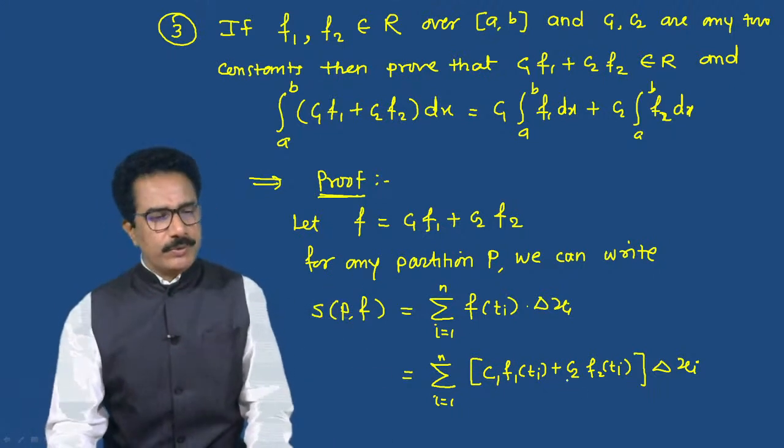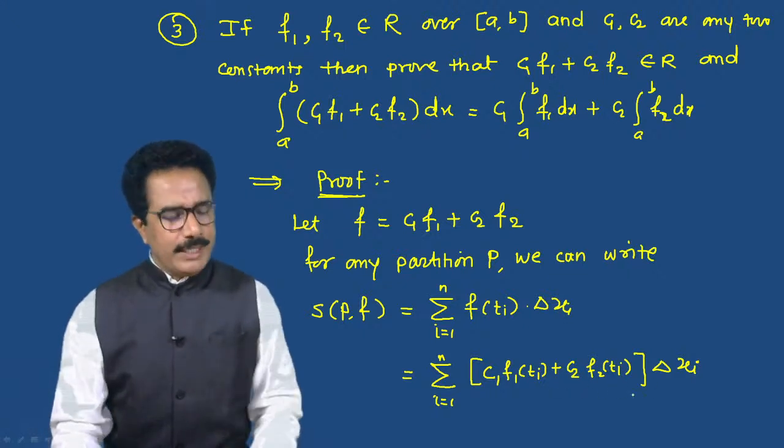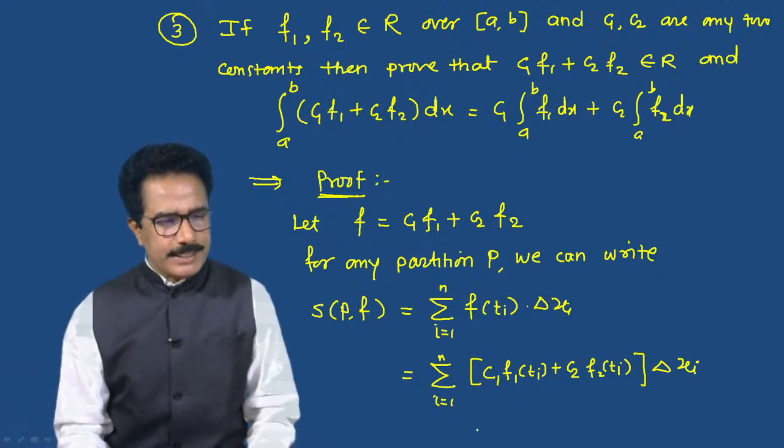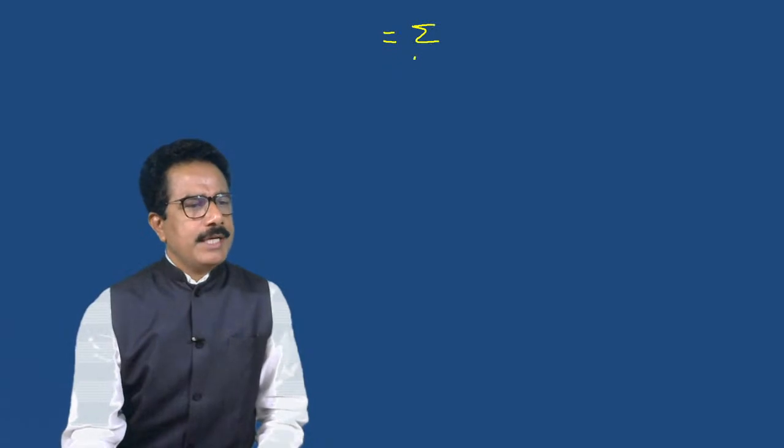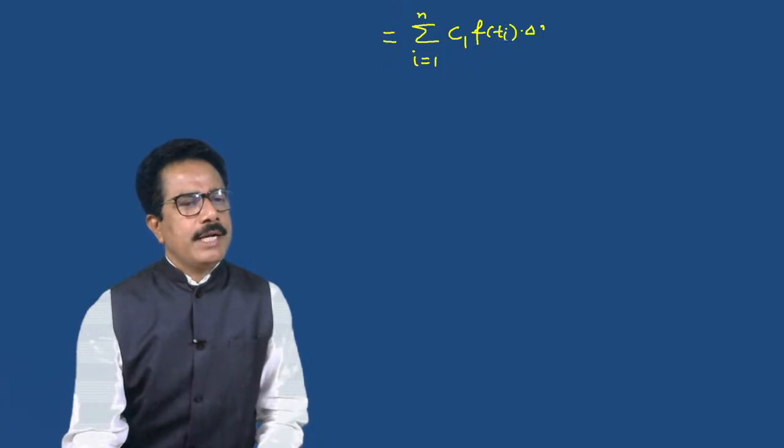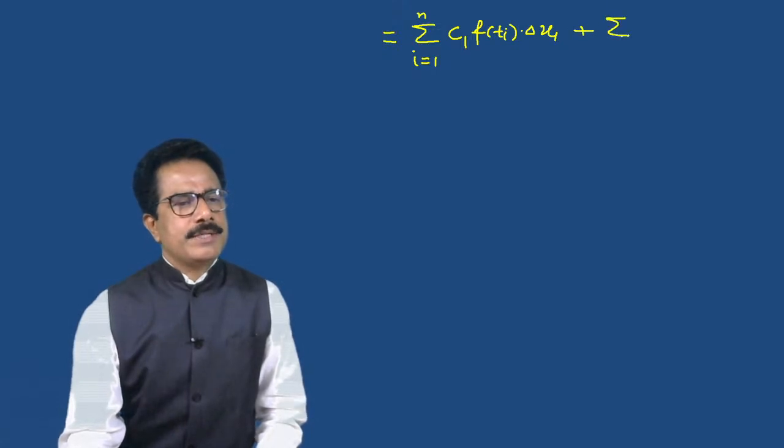So we can write this, now separate this, which is equals to summation i is equals to 1 to n C1 F1 of Ti into delta Xi plus summation i is equals to 1 to n C2 F2 of Ti into delta Xi.